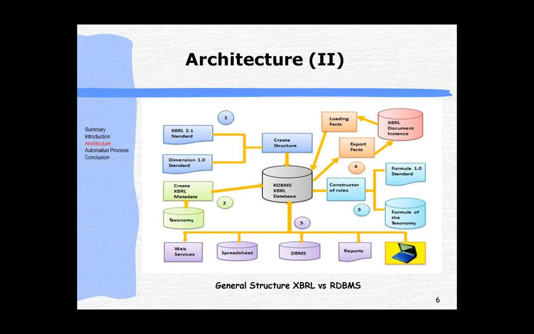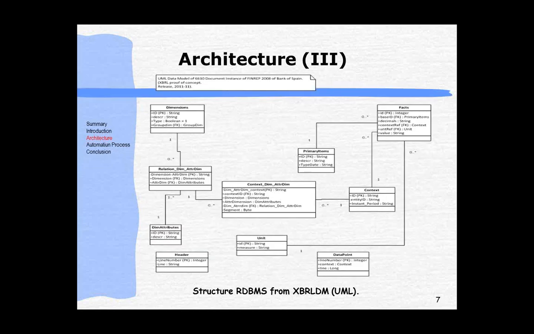The fifth step is the end user, who can work with the database, with a spreadsheet, Excel, another database, a report, and so on. This is the model that we presented in Rome: the dimension, attribute of dimension, the members, the primary item, and so on.